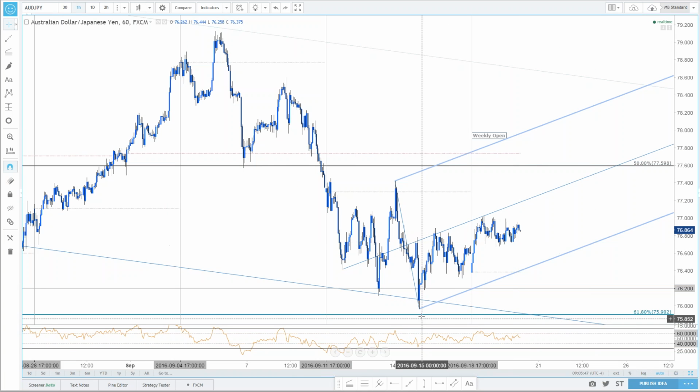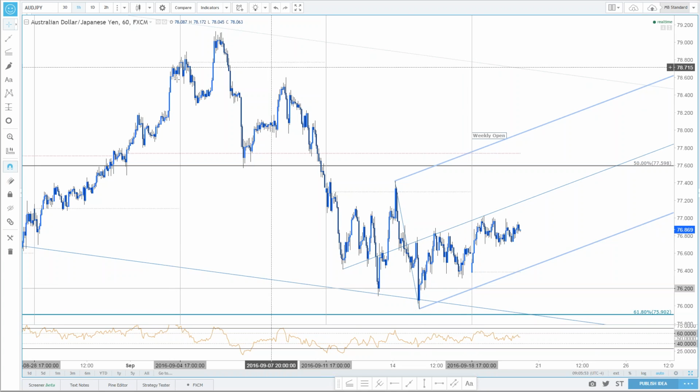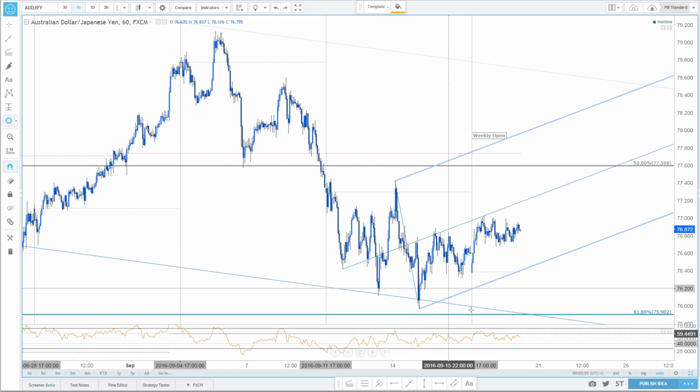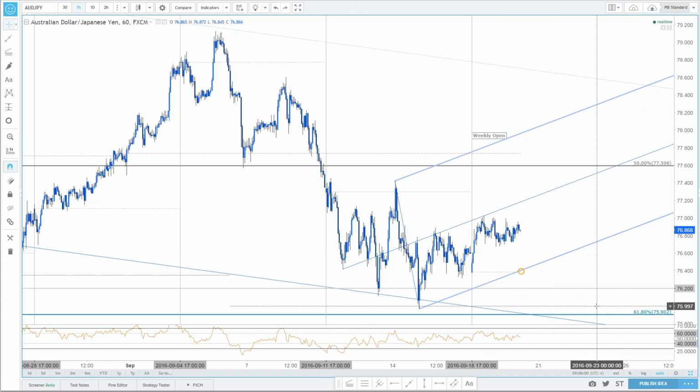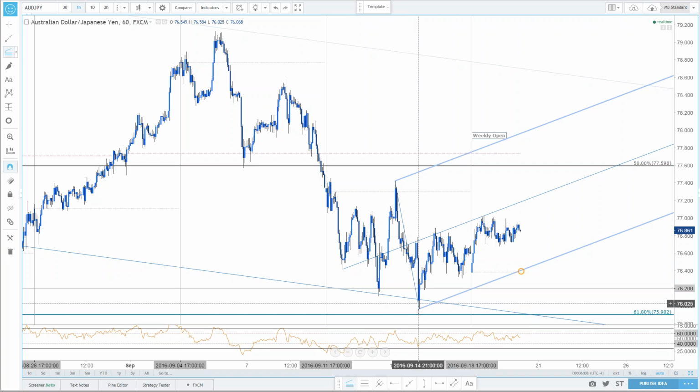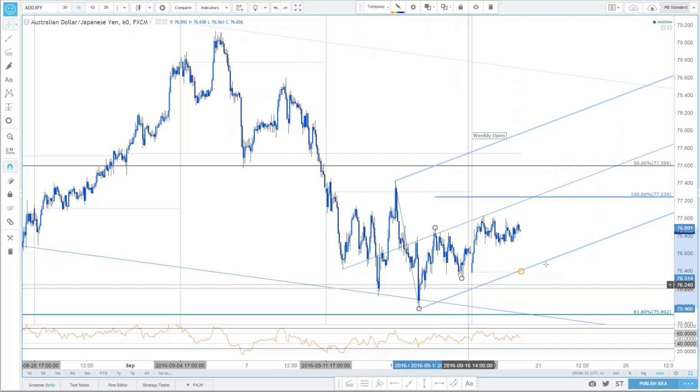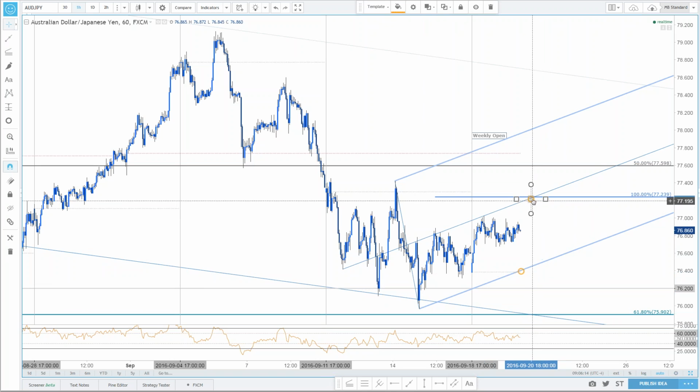Could have a little slope in play here off the lows. Don't have too much conviction on using that, but I did like how things lined up. And basically the way it lines up right now is the weekly open comes in line with the lower parallel. And if we take a near-term extension off the lows, whoop, that 100% comes in just higher at 77.23.